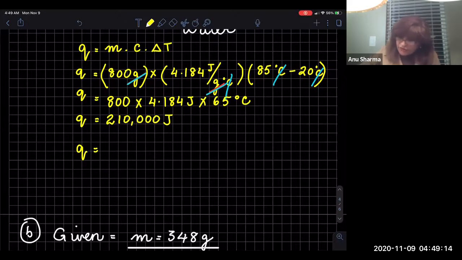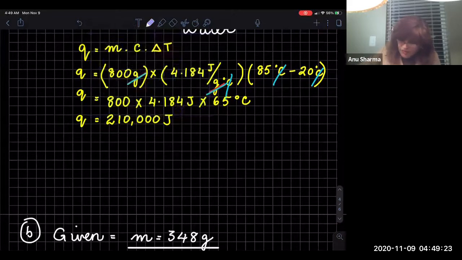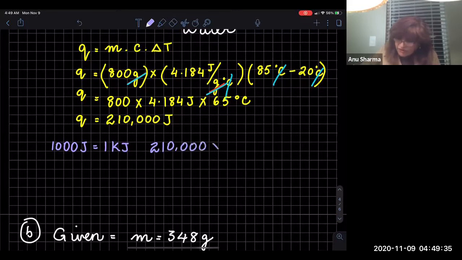Now sometimes the question can be asked, find out the value of Q in kilojoules. So 1000 joules is equal to 1 kilojoule. In other words, 210,000 joules into 1 kilojoule over 1000 joules.